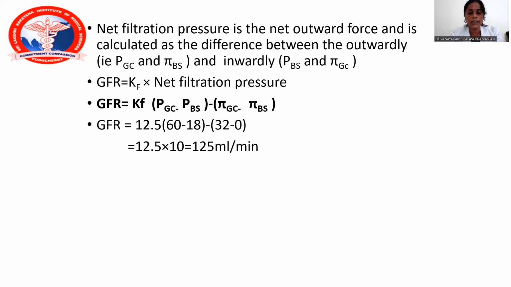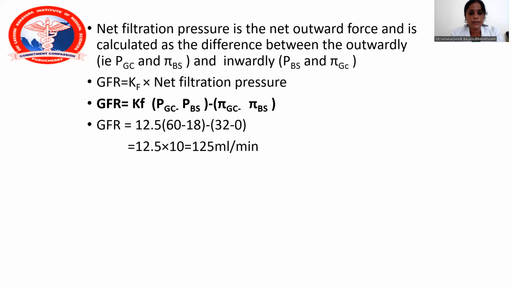It is only the outward force, not the inward force. It is calculated as the difference between the outward forces, PGC and pi BS, and the inward forces, PBS and pi GC.